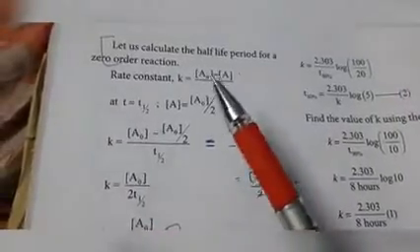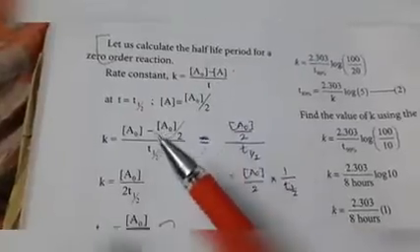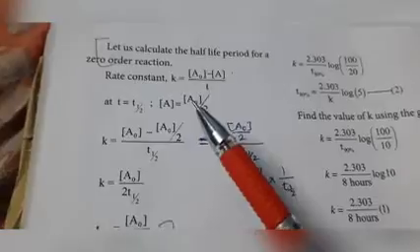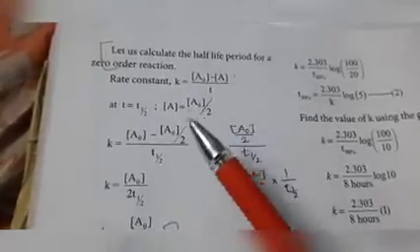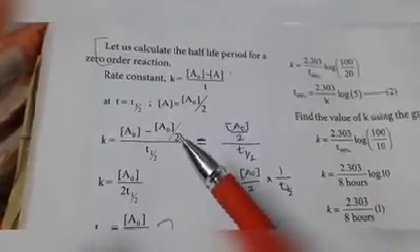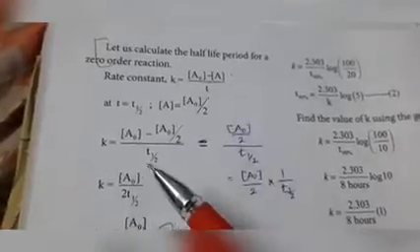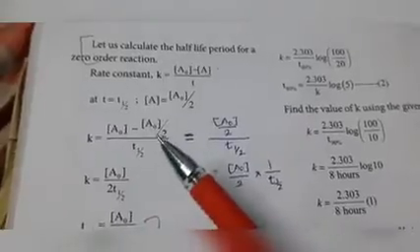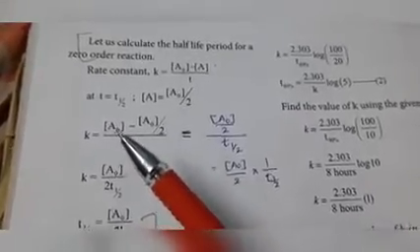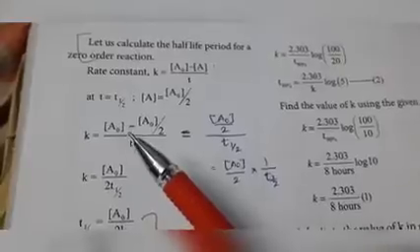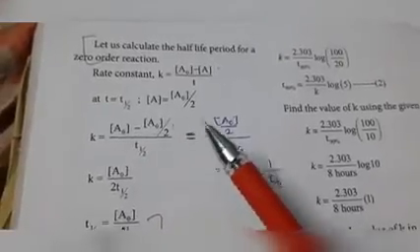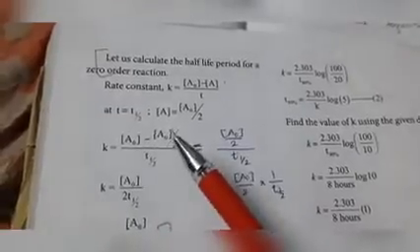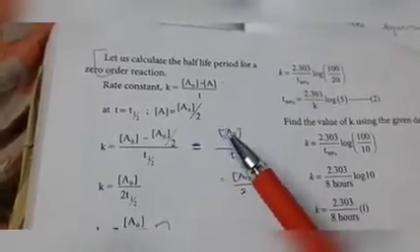K is equal to concentration of A0 minus, instead of concentration of A, you substitute concentration of A0 by 2, divided by, instead of t, you substitute t half. Concentration of A0 minus concentration of A0 by 2 is equal to concentration of A0 by 2.